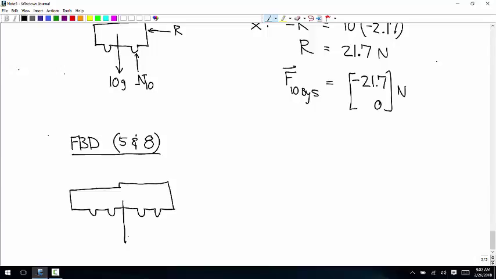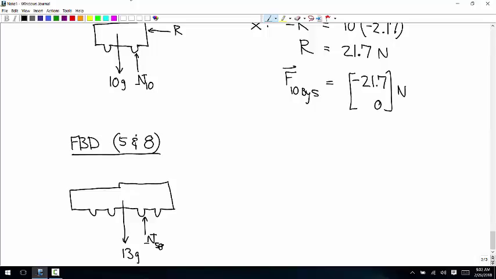There's a downward weight force. The total mass is 13, so 13g. And then there's a normal force. I'll call that N58. That's not going to come into this problem. All we have to know is that it's different than any of the other normal forces we've used.